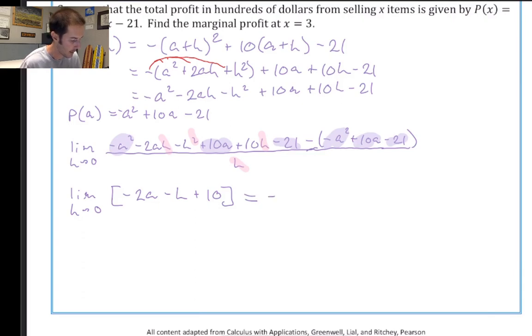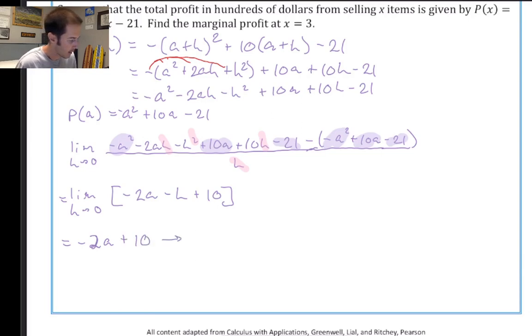So that's equal to negative 2a. I don't want to write it there. I'm going to write it on the next line down. So this statement's equal to this statement, which is equal to this statement, which says negative 2a plus 10.